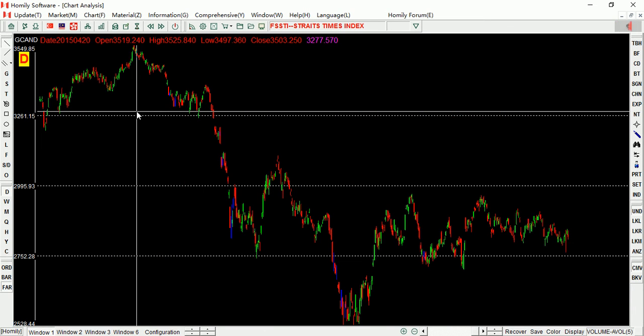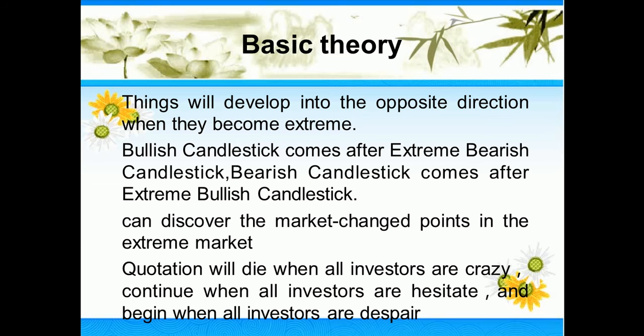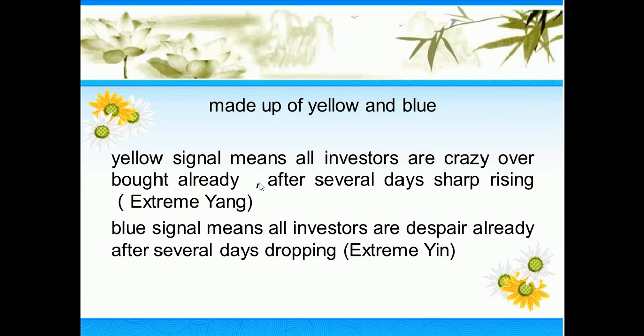This is the Homely Taiji signal. This function is made up of yellow and blue candlesticks. The yellow signal means all investors are crazy and overbought already, after several days of sharp rising. The blue signal means all investors are in despair already, after several days of extreme dropping.